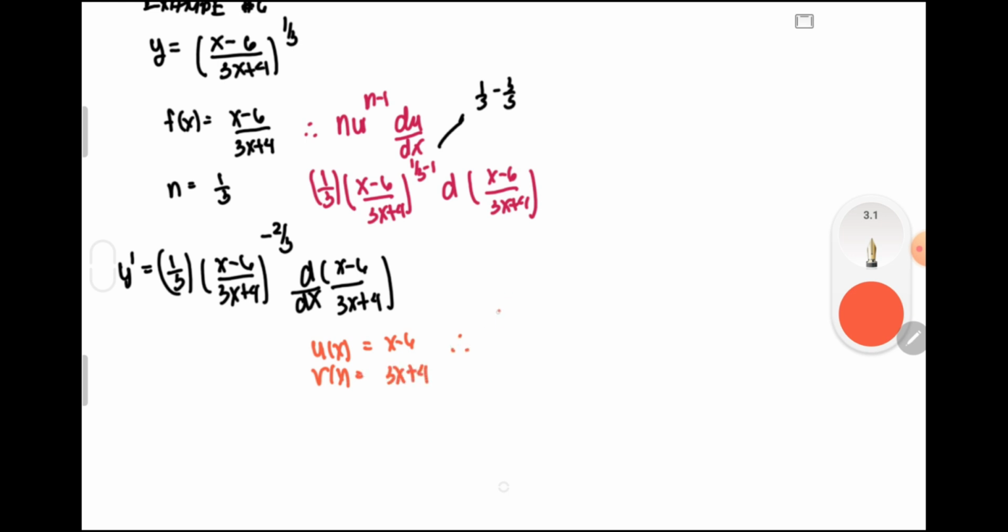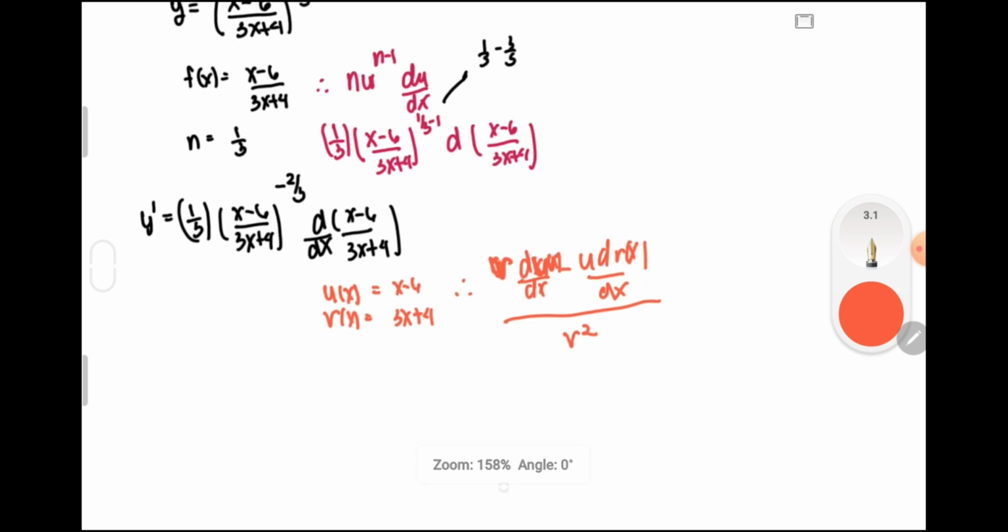So from this, we may say that we have, using our formula of the derivative of u over v, dx: v times du with respect to dx minus u times dv with respect to dx, divided by v squared.